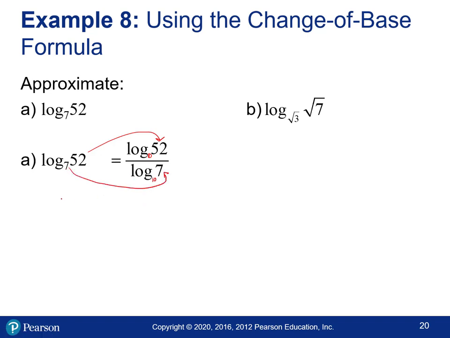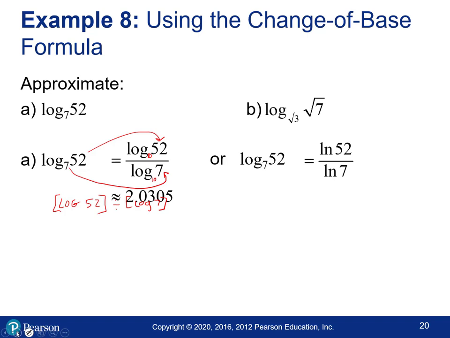So you would just type into your calculator log 52 divided by log 7, and that would be your answer. It's about 2.0305. Or you can use natural log. You could say base e, you're going to get the same answer. It doesn't really matter, you will get the same exact answer.